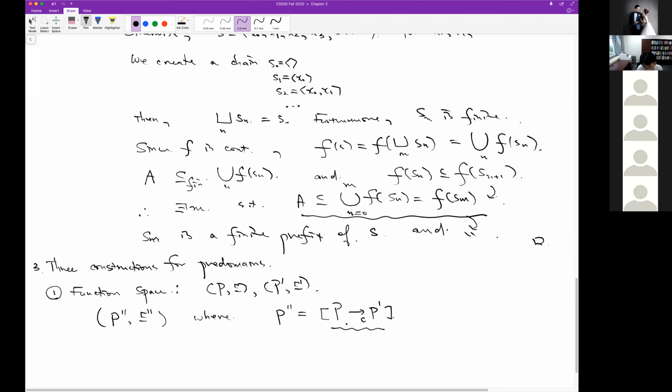Instead of P double prime, I often use this notation, which means the set of continuous functions from P to P prime. And then this order is going to be the so-called pointwise order.